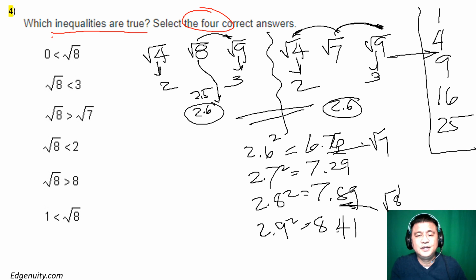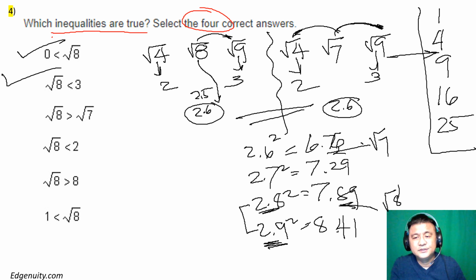Okay, so let's see. Is 0 less than square root of 8? The square root of 8 is between these two. Of course. Check. Is square root of 8 less than 3? Yes, it's less than 3. The square root of 8 is greater than the square root of 7. Yes. Is square root of 8 less than 2?